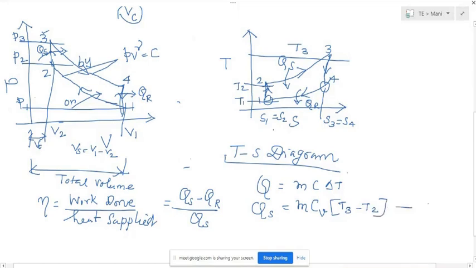Likewise, this is our equation number 1. Likewise, for the heat rejection, here also the volume is constant. m cv, the rejection takes place between 4 and 1, right? So this is equation number 2. Clear? Okay.